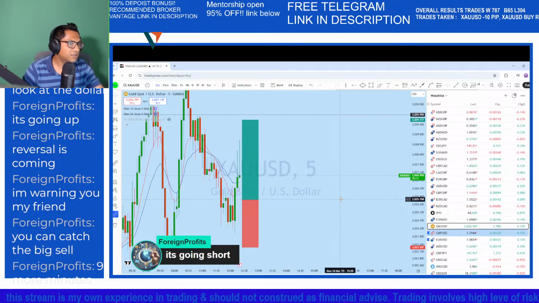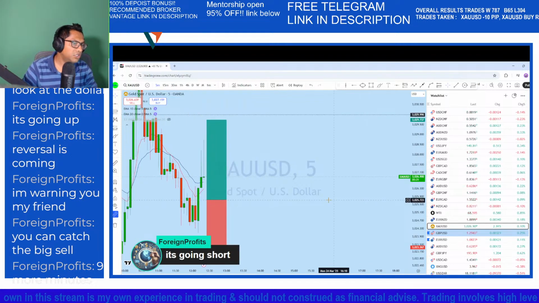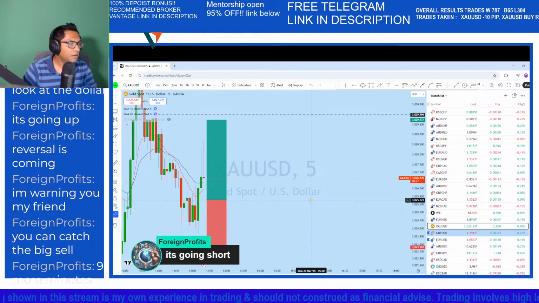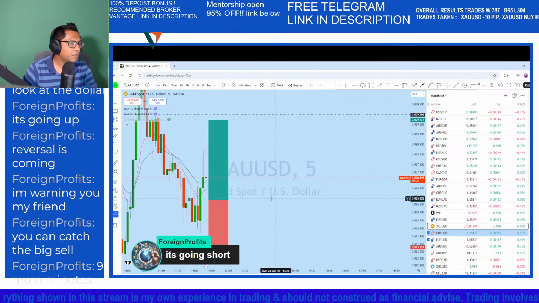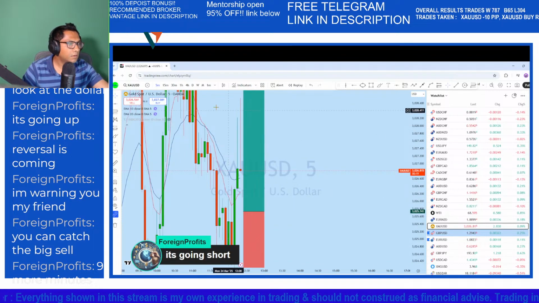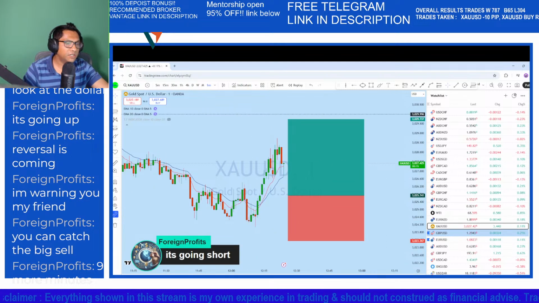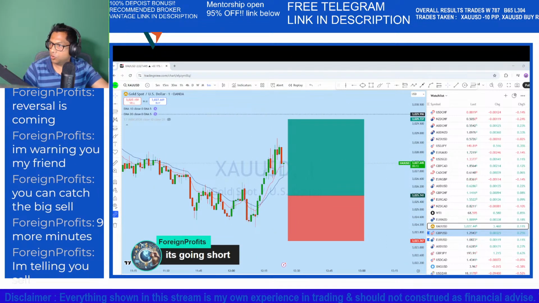This is a very interesting candlestick pattern on the 5 minute chart, a very long wick doji. Okay, getting some reaction, which is important to look at.